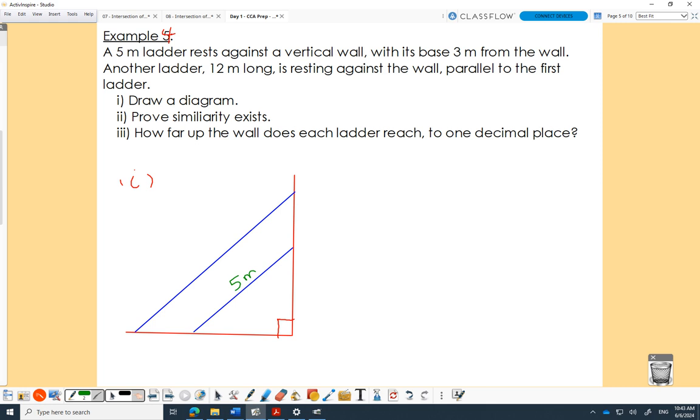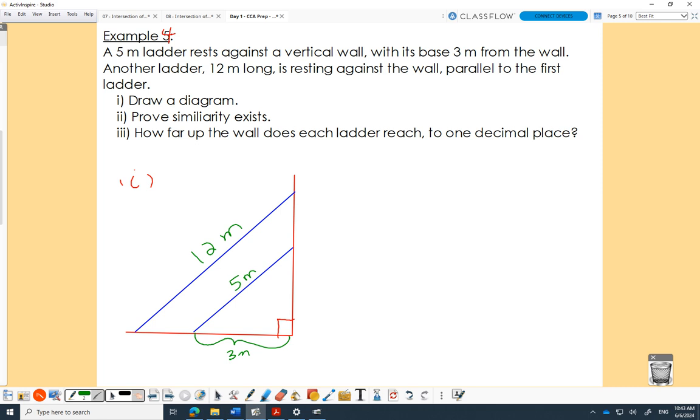See this little E? That's one way to handle it. Some people draw lines at either end and arrows to indicate. That's good too. I'll do that for the second one, okay? 3 meters small. Another ladder, 12 meters long, is resting against the wall parallel to the first one. Draw a diagram. Okay, diagram done.